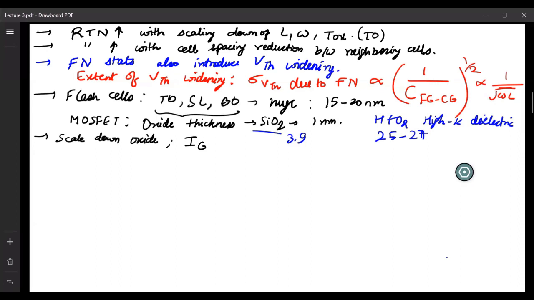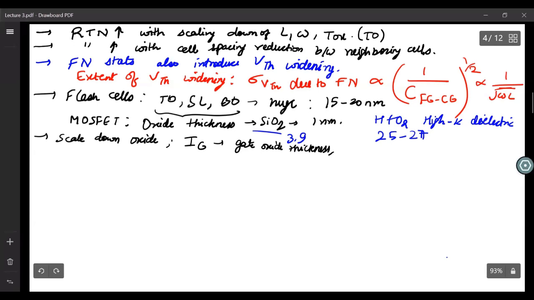And this is very sensitive to gate oxide thickness. So what people do is they tend to keep the physical oxide thickness high, like 6 nanometers.